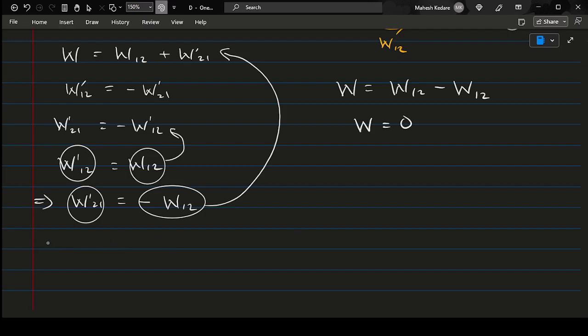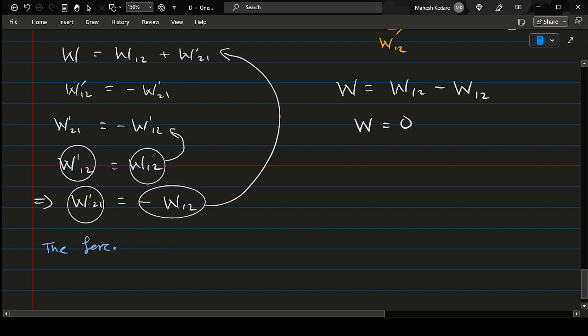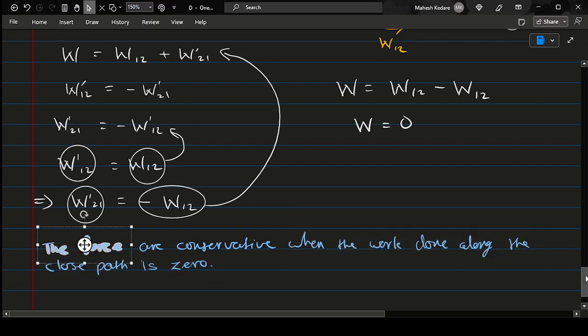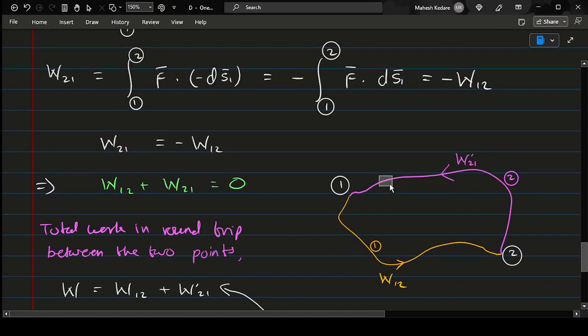We write it like this: the forces are conservative when the work done along the closed path is 0. By closed path we mean that from whichever point you begin, you will come back to the same point after tracing along that path. So this is a kind of closed path.